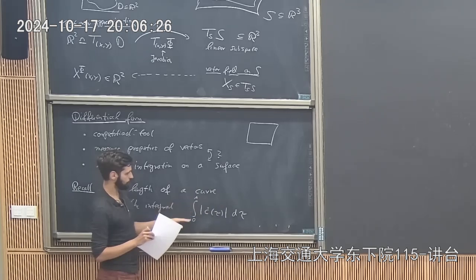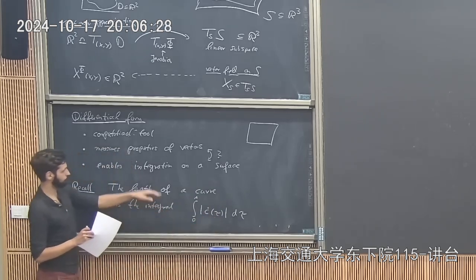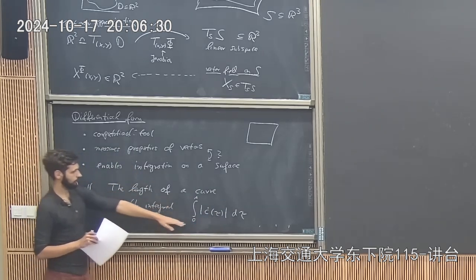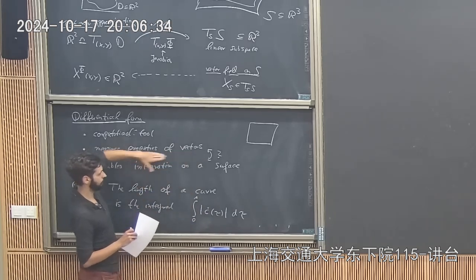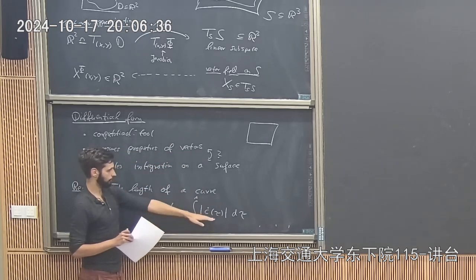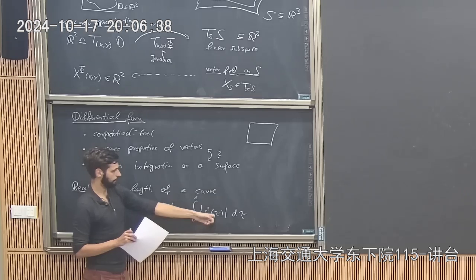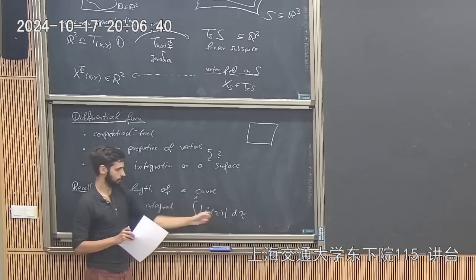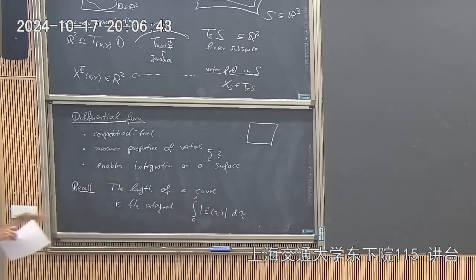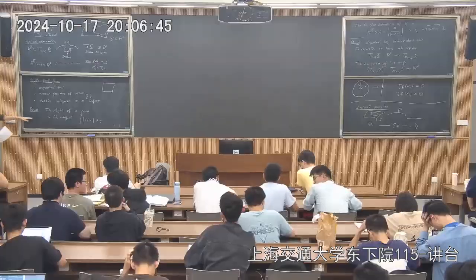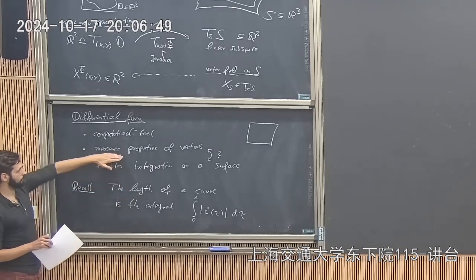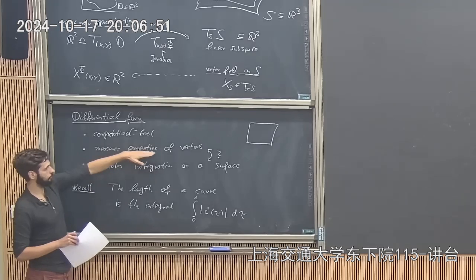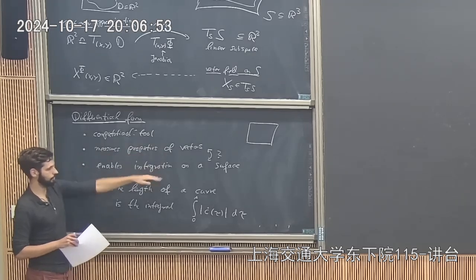So that will be our trick, in some ways, to relate certain integrals to the properties of the vectors, essentially by saying that, for example, the length is automatically related to the length of the vector. So that's a bit of a hand-wavy argument why something that measures the length of vectors is related to integration.